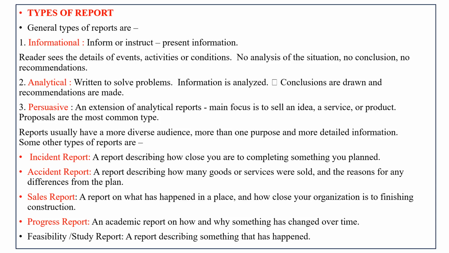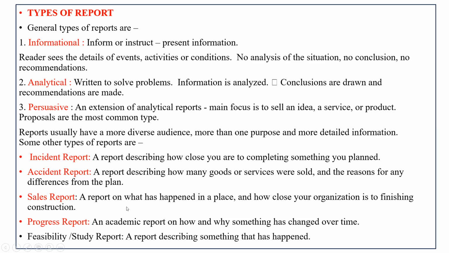So I have planned that this much of my goods has to get sold, but actually this much got sold, and now why is the difference there? I have planned something, and in reality I'm getting another result. So that report you have to do is called the accident report.